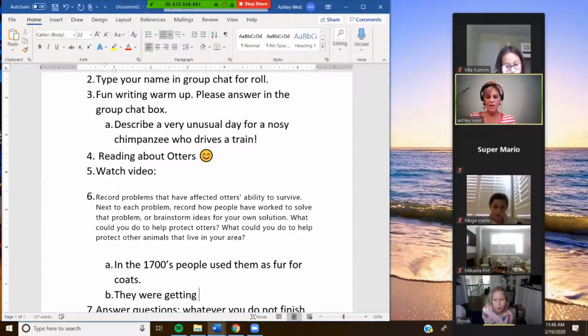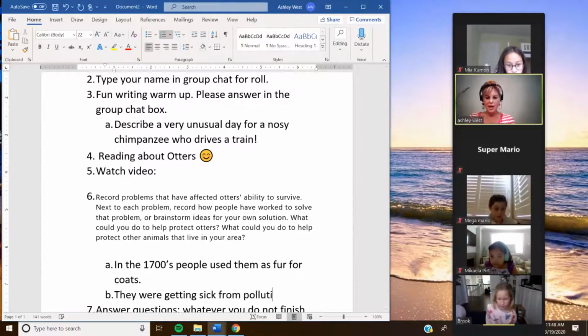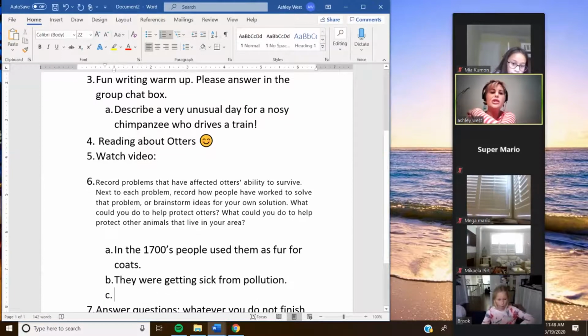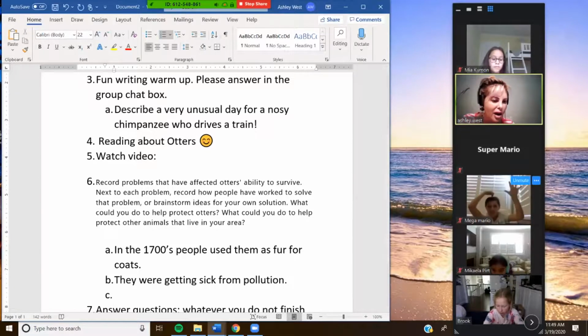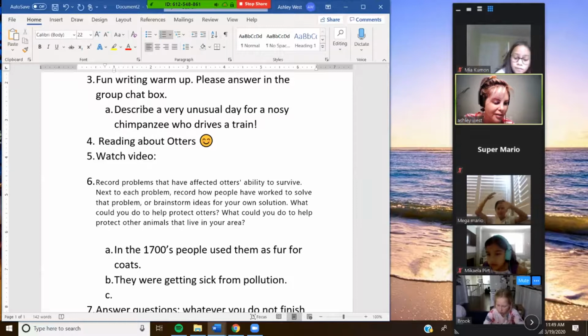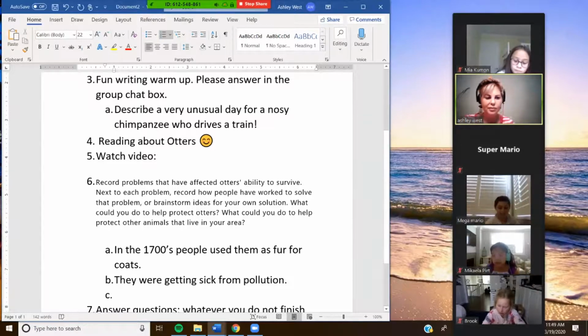Yes, and we know that pollution is man-made. Yes, they're getting sick from pollution. Does anyone else have anything that they want to share about our otters? Henry. Some people save the otters.